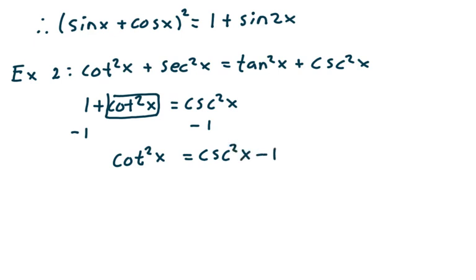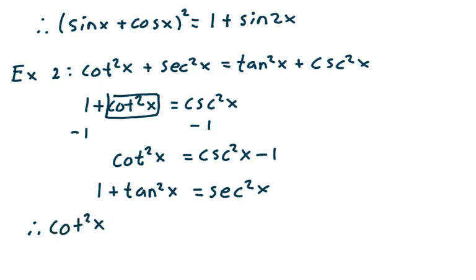That's for starters. So in case you hadn't realized, we're going to start with the left-hand side. Now, 1 plus tangent squared x, well, that's equal to secant squared x. And we're okay there, right? And so, therefore, if I take cotangent squared x and add secant squared x, this is equal to cosecant squared x minus 1. So I'm just replacing cotangent squared x with cosecant squared x minus 1.